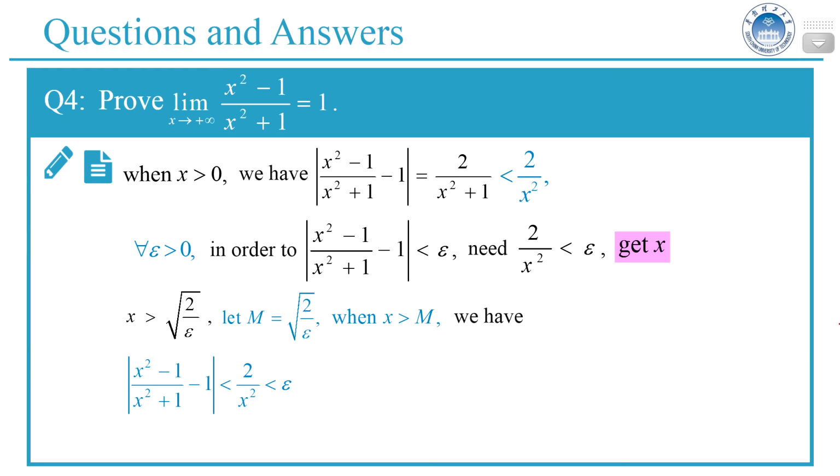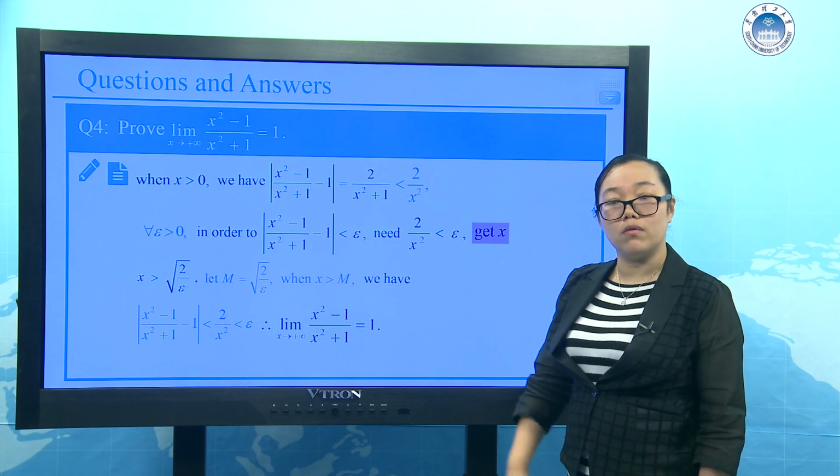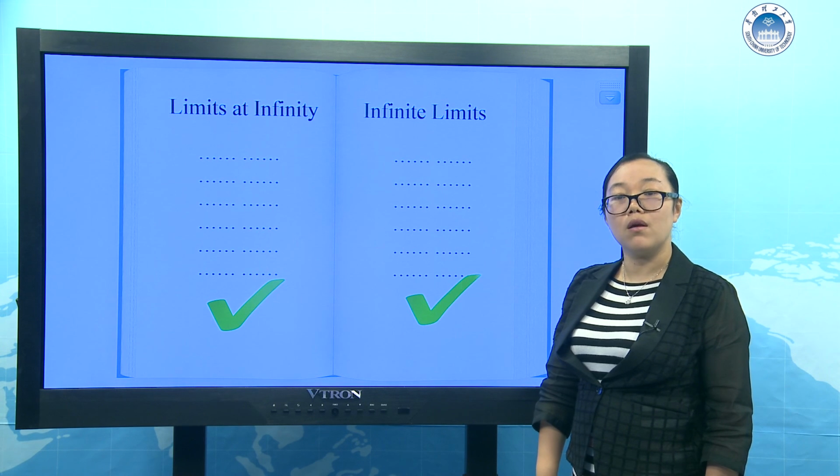You can check by going back through the process. This means the absolute value of f(x) minus L is less than 2 over x squared. According to this expression, we know the value is less than epsilon. This is our mathematical meaning: the limit of f(x) equals 1 as x tends to positive infinity.